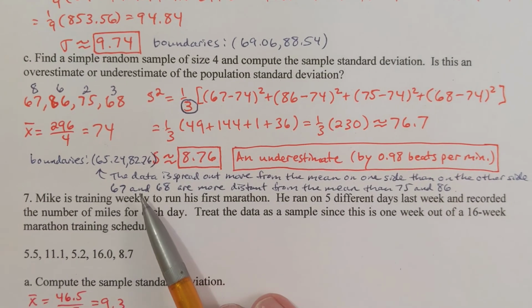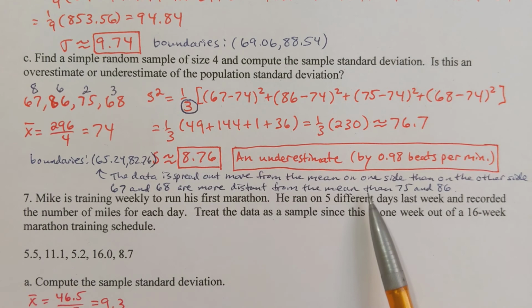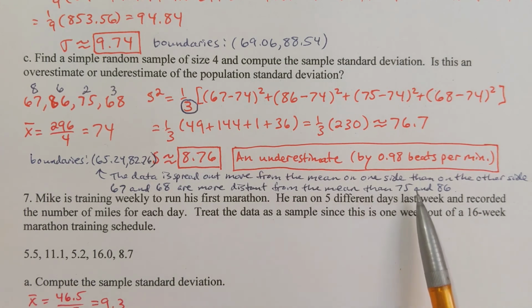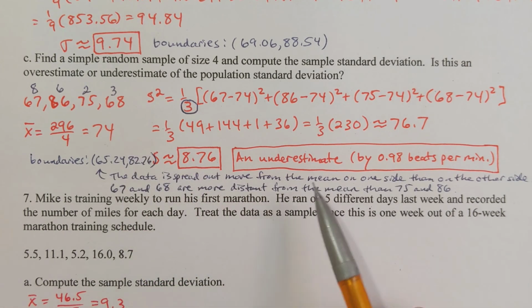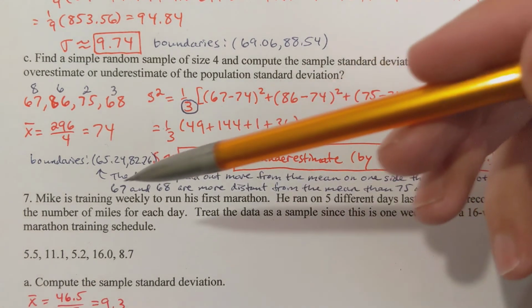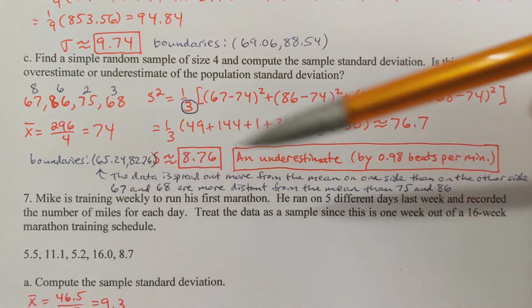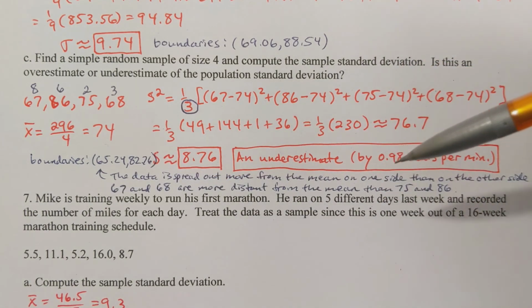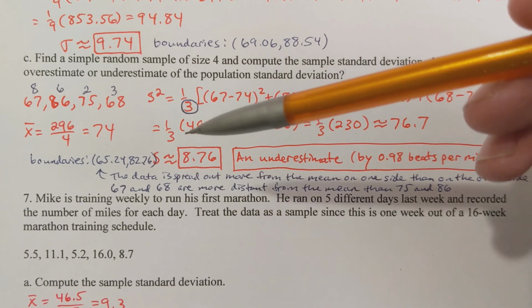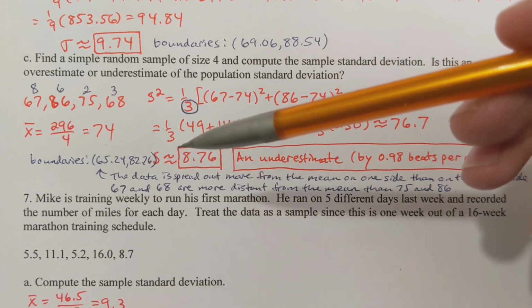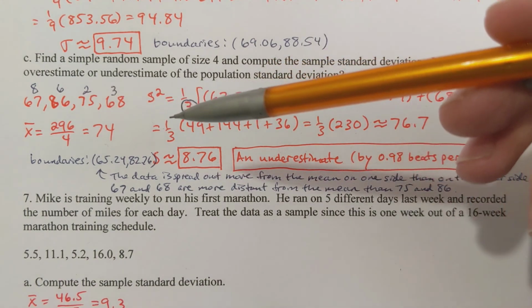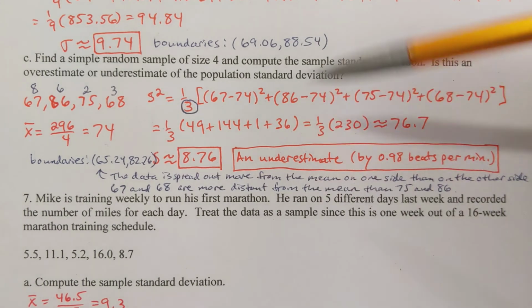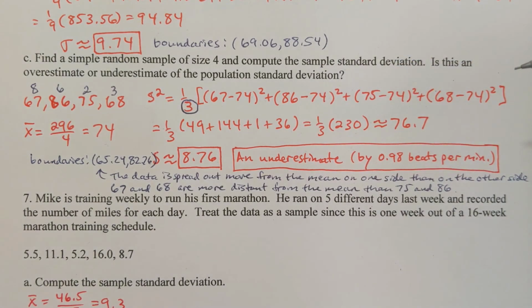On the other side, 67 and 68 are more distant from the mean than 75 and 86. 75 is right next to 74, so 86 is pretty much the only one you're counting there. So 67 and 68 together are more distant than 75 and 86. That's all that means. I don't want to be way outside of the bounds on both sides, otherwise there's a mistake somewhere.